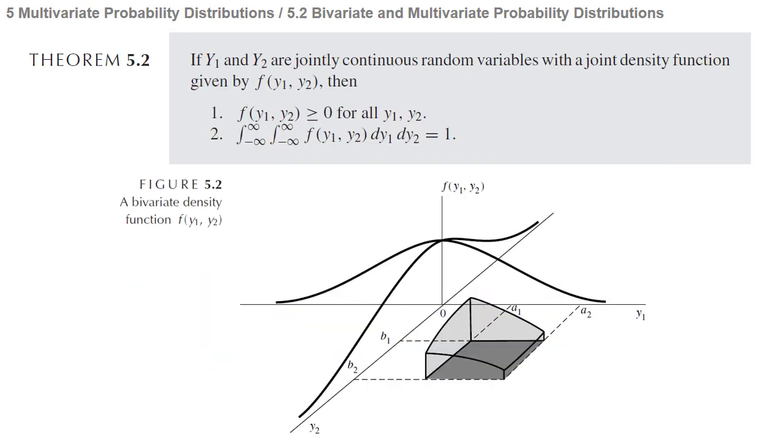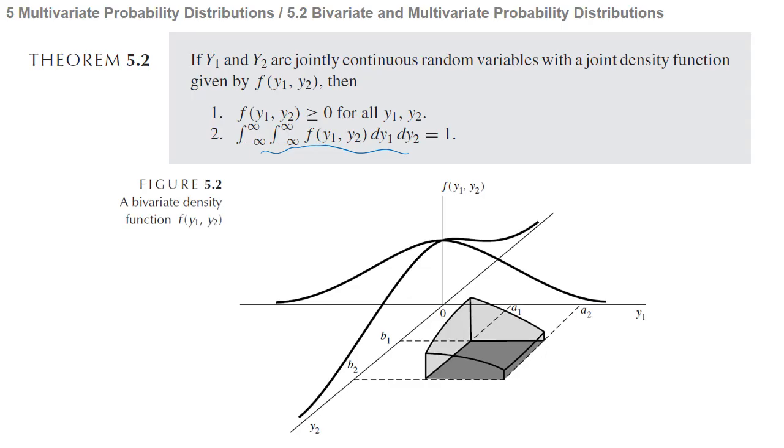Okay, let's move on to theorem 5.2. If Y1 and Y2 are jointly continuous random variables with a joint density function given by f(y1, y2), then number one, f(y1, y2) is greater than or equal to 0 for all y1, y2, and second, integrating the joint density function from minus infinity to infinity is 1.